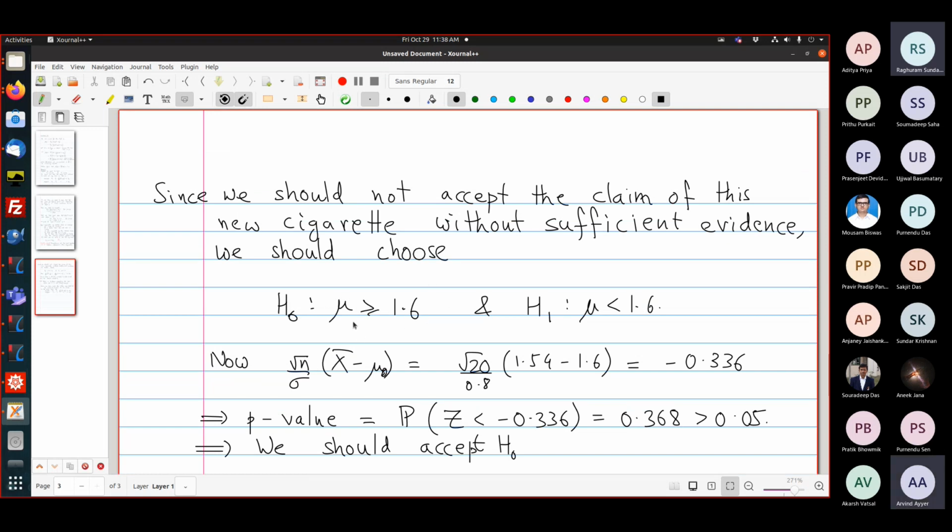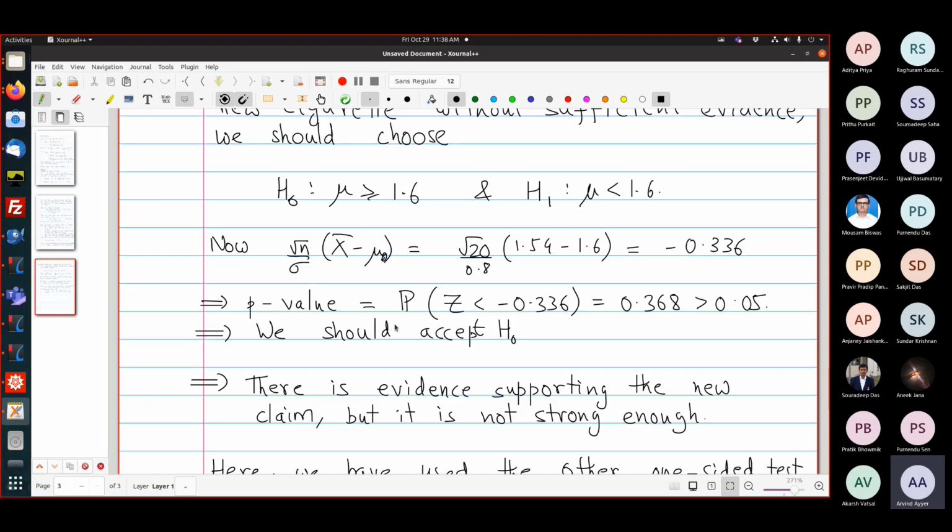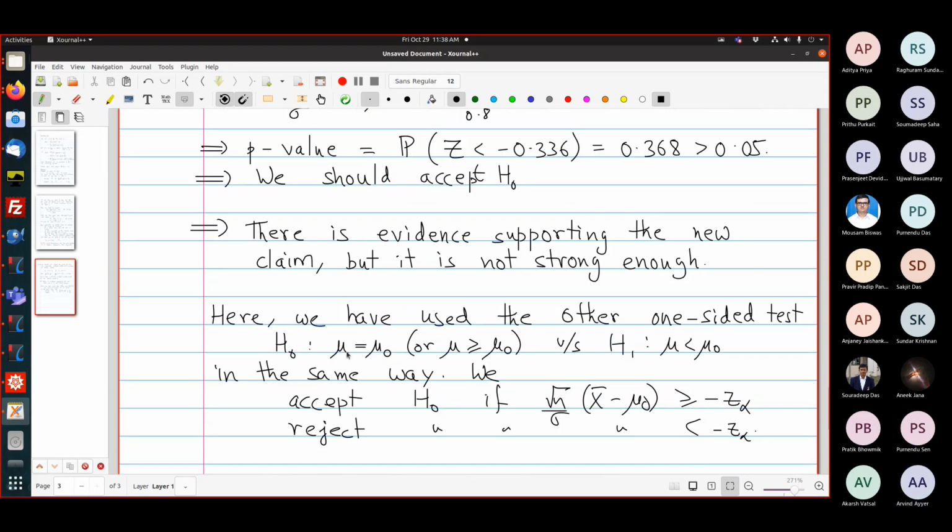No, but then it's still the same flavor, right? One is the negation. As I said earlier, mu equal to mu naught or mu greater than or equal to mu naught, we do the same test. So I think it does not matter.